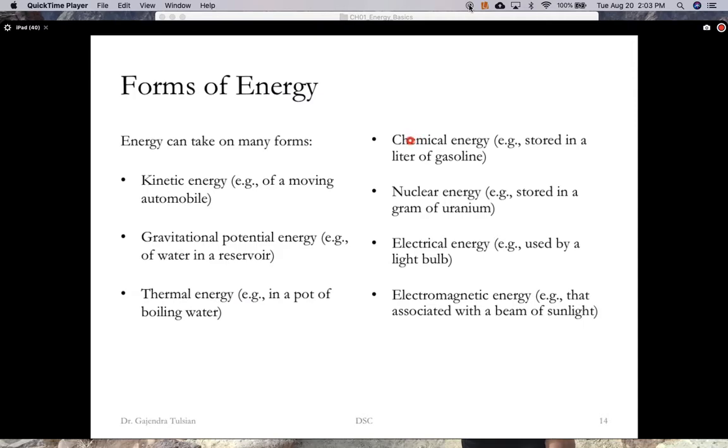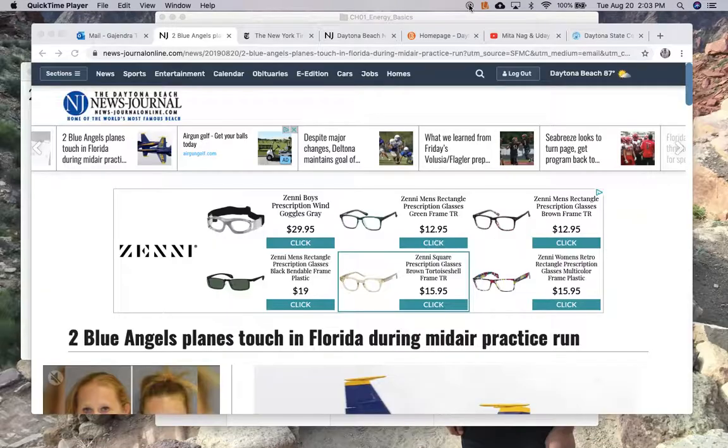In a coal power plant, you burn coal, and from the heat released you produce steam, which turns that coil to produce electrical energy. And electromagnetic energy is energy of radiation like light, X-rays, and all that. We'll talk about all these forms of energy.